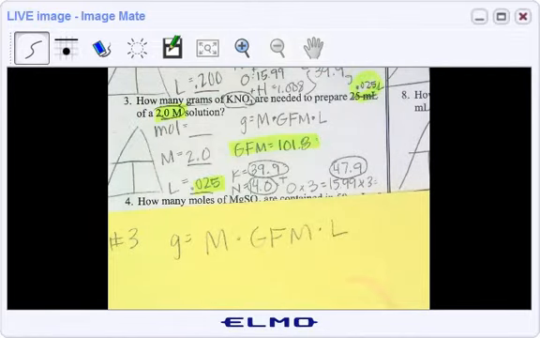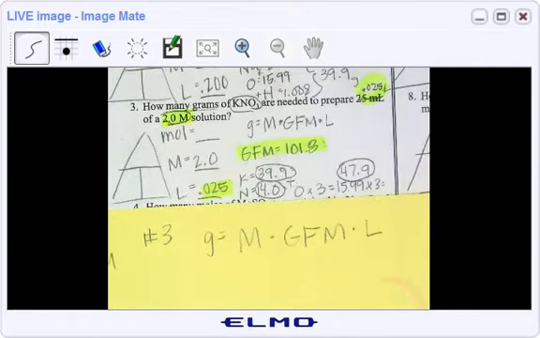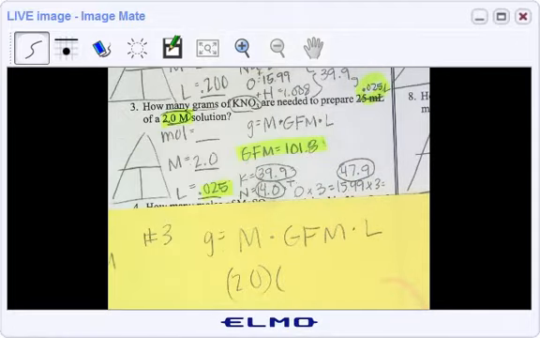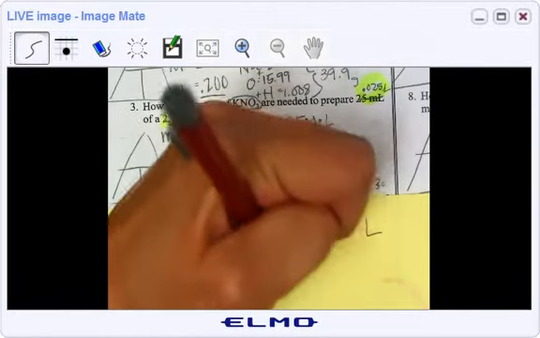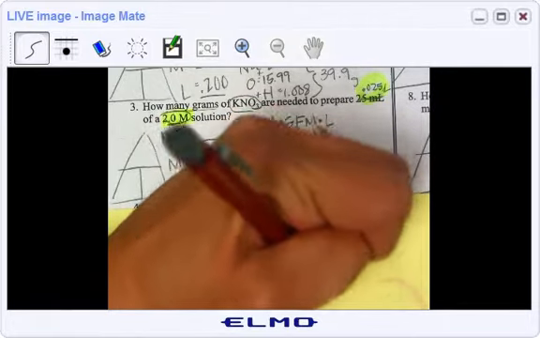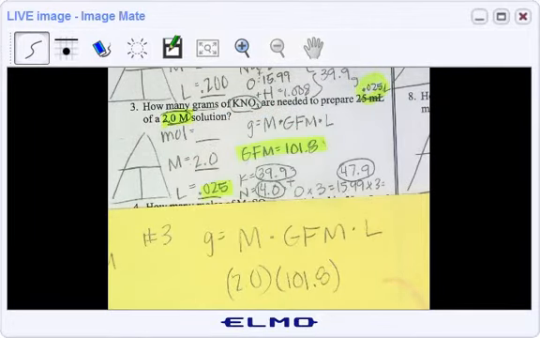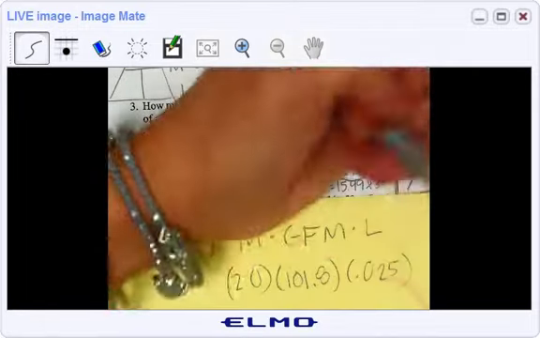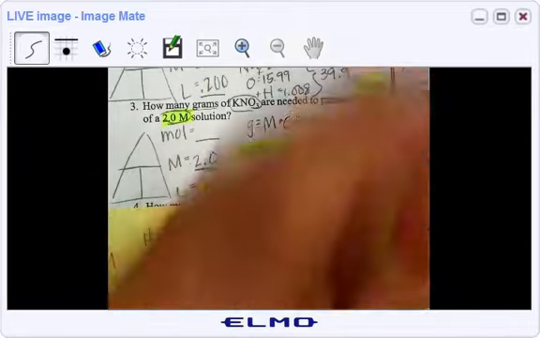So my capital M is what? What is the molarity? 2.0. What is my GFM? And what is my L? As easy as that.